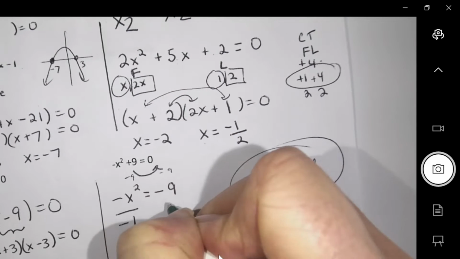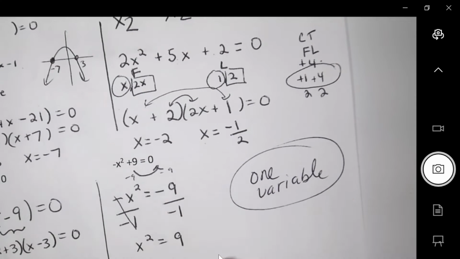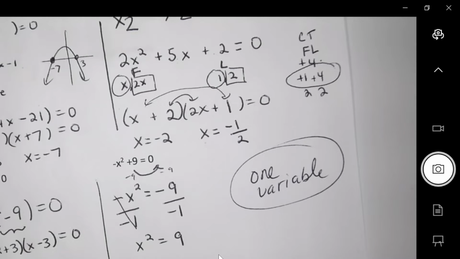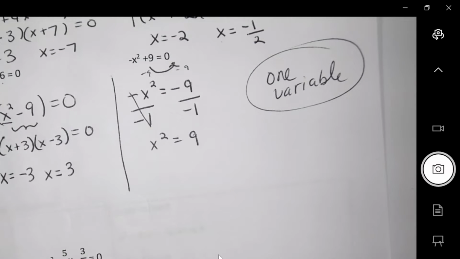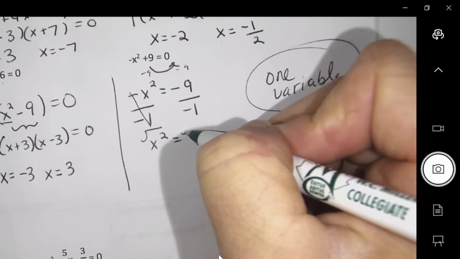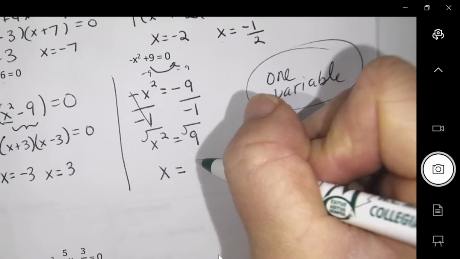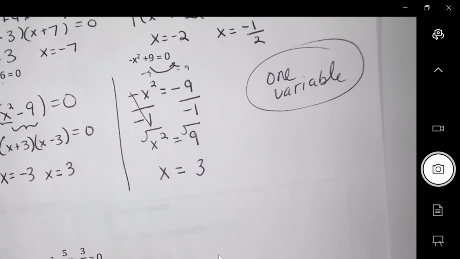You have to divide it by a negative 1. And then to get x alone, I would be doing a square root. And this is not the correct answer.